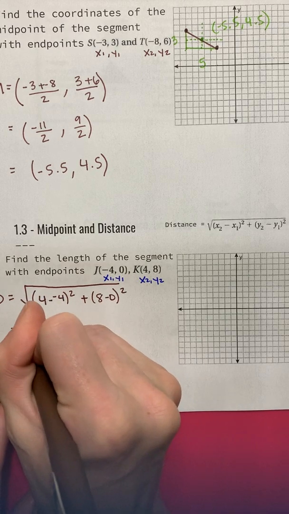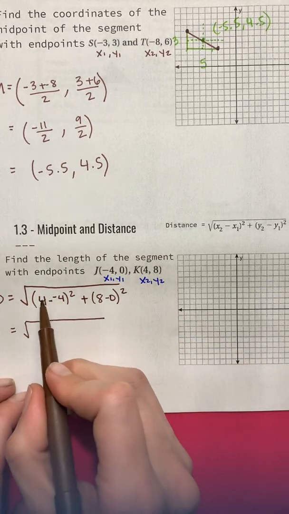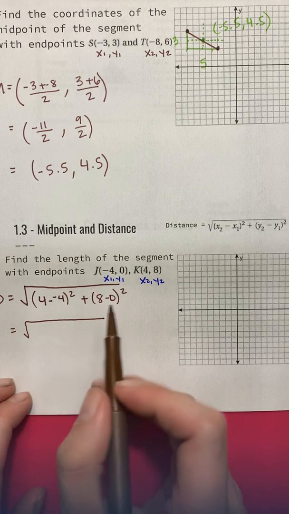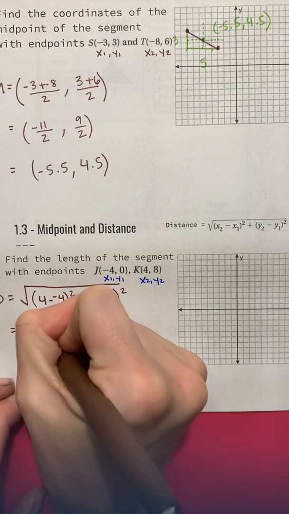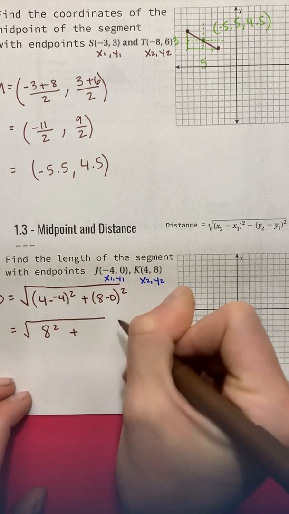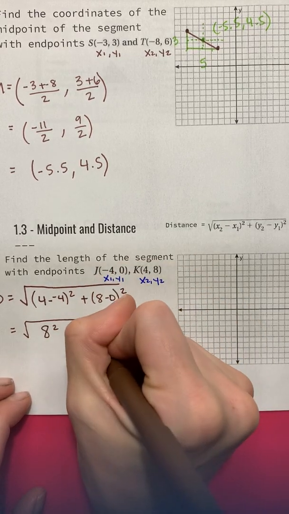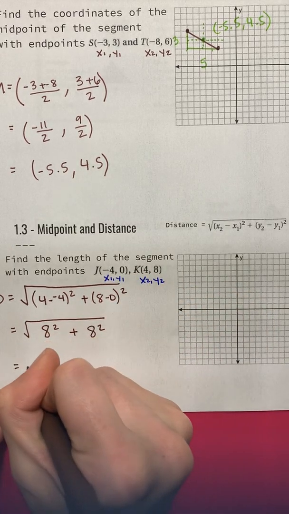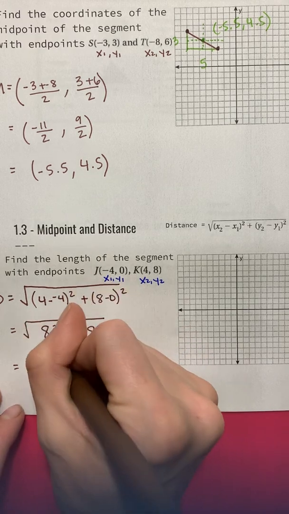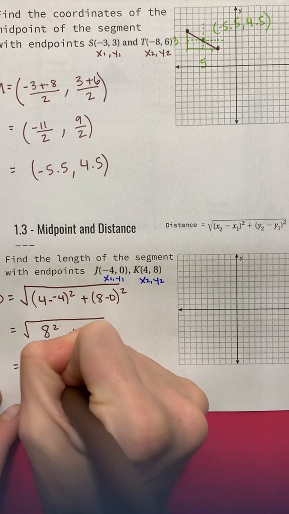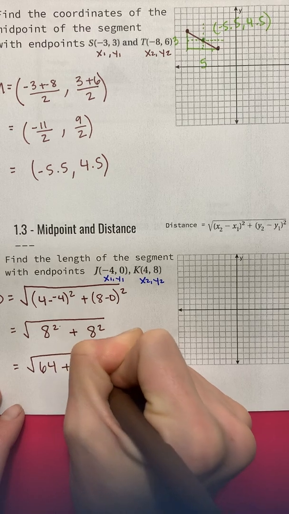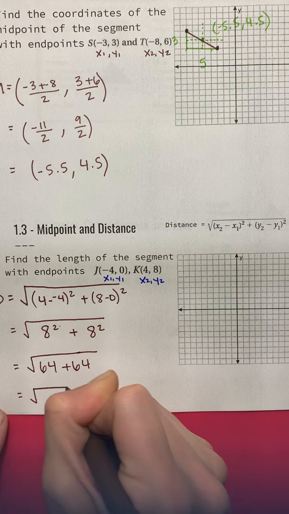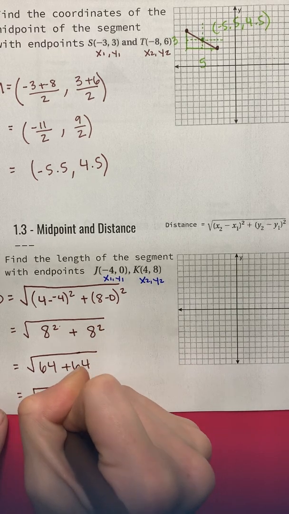Okay, so square root 4 minus a -4. Okay, 2 negatives make a positive. So 4 plus 4 gives me 8 squared plus 8 minus 0 squared. So that's going to be another 8 squared. Okay, so that's the square root of 8 squared is 64 plus another 64, which is going to be the square root of 128.